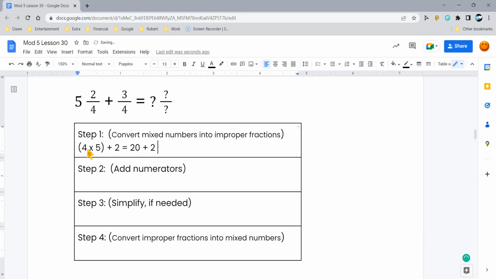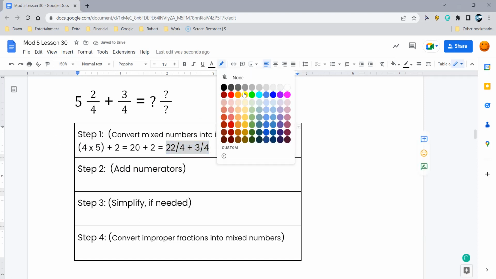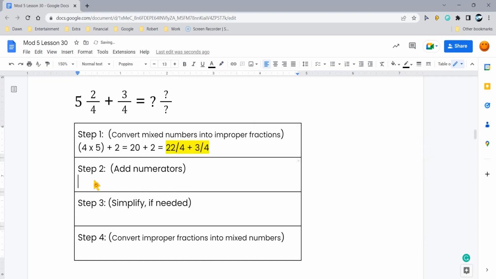I'm bringing my numerator along for the ride. 20 plus 2 gives 22, and I'm putting it over 4. But I'm going to add in the 3/4 so that I have the new problem. So I have 22 plus 3, which equals 25.